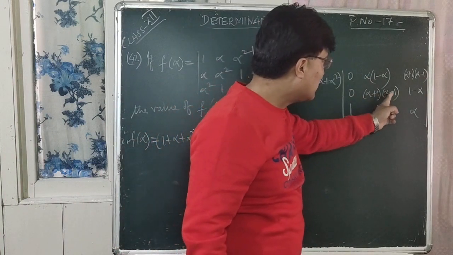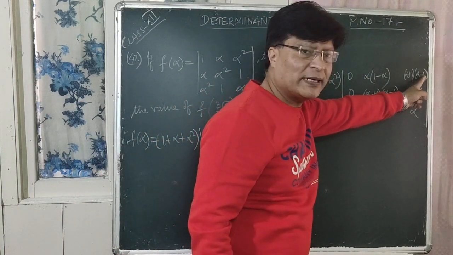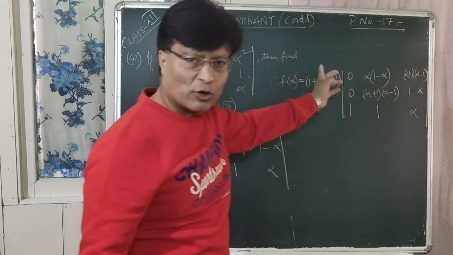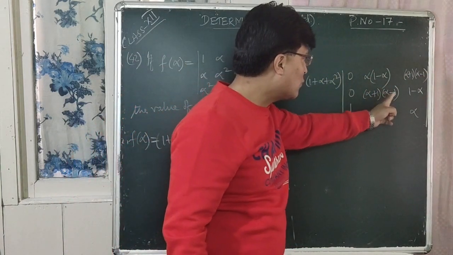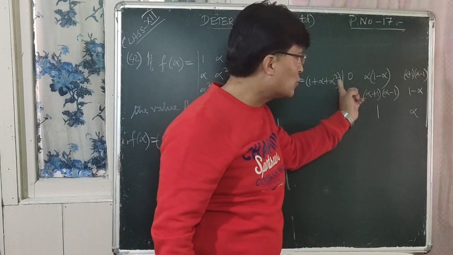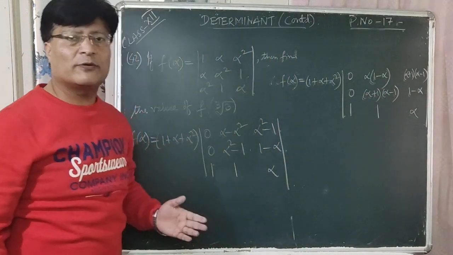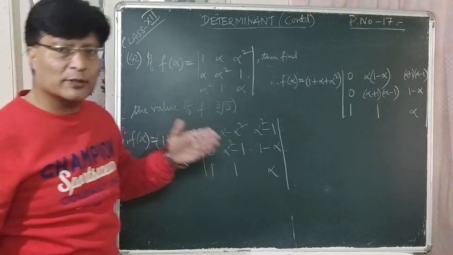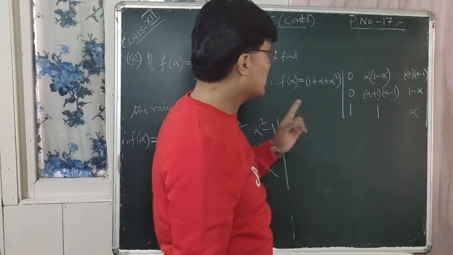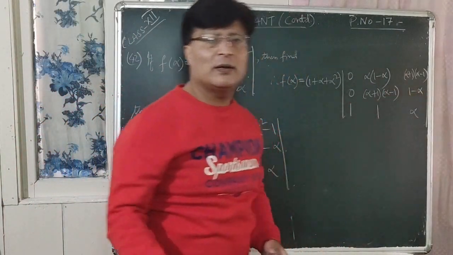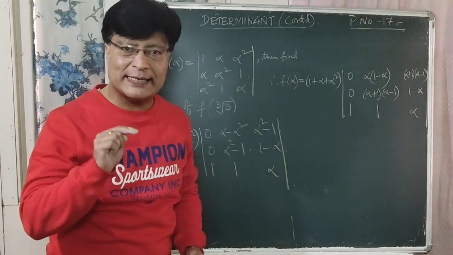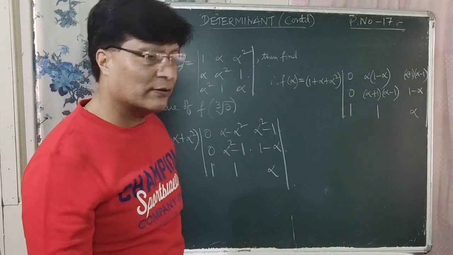But there is alpha minus 1, you have to make it 1 minus alpha by taking minus common. Here also you can make 1 minus alpha by taking minus common, so that we can take 1 minus alpha as common from the first row as well as from the second row. But first of all, make this alpha minus 1 into 1 minus alpha by taking minus common, right?